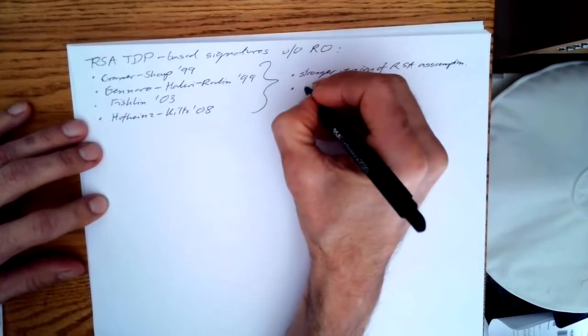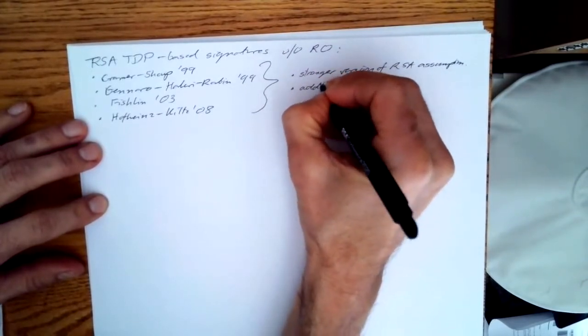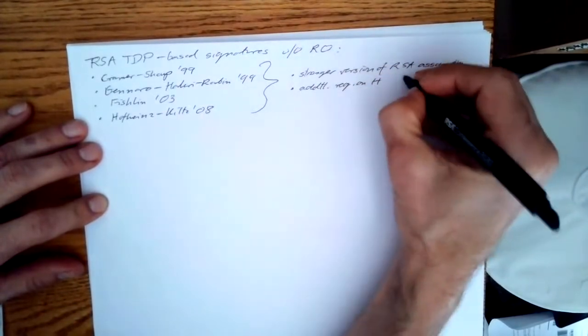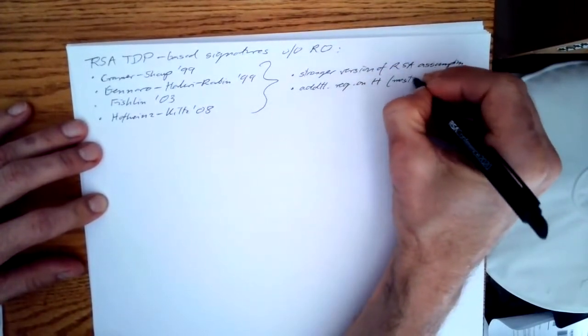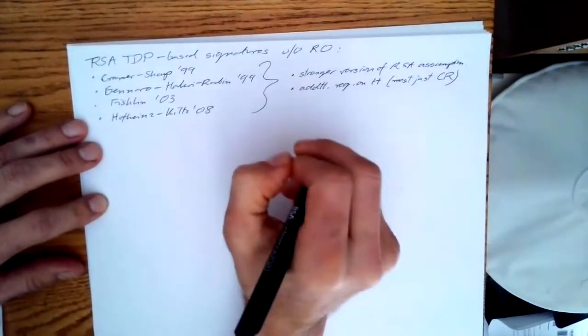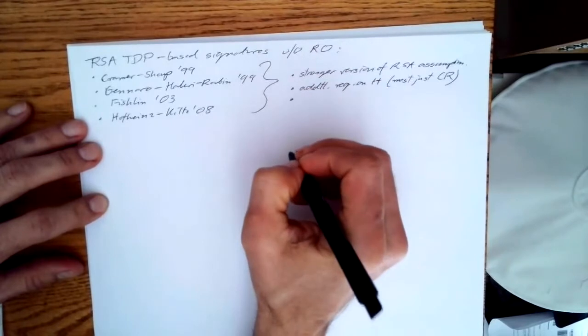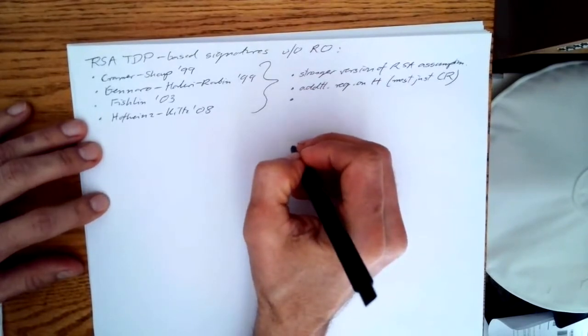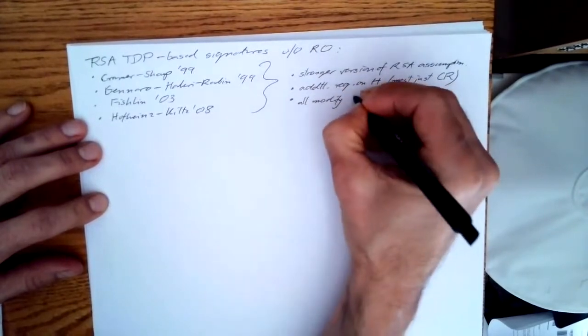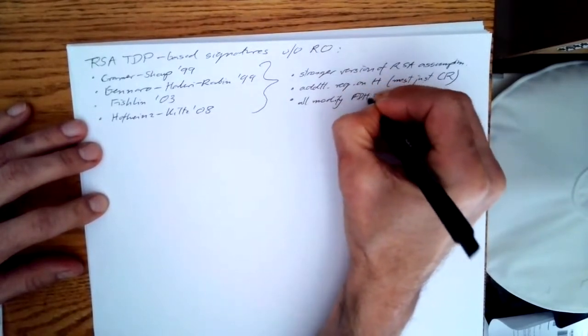Some of them have additional requirements on H, although most just assume collision resistance, which is quite okay. And all modify FDH RSA.